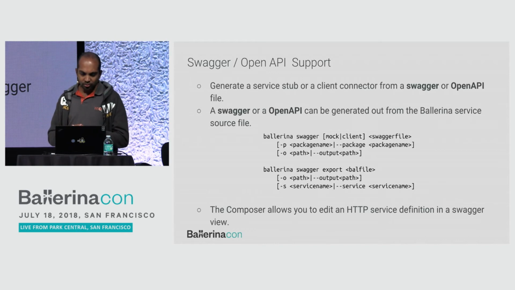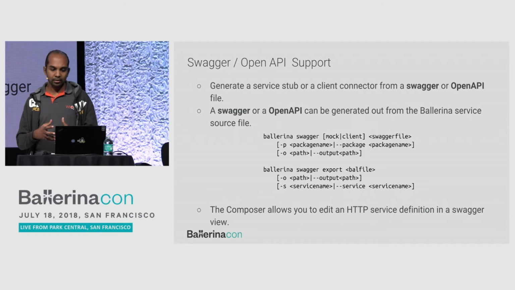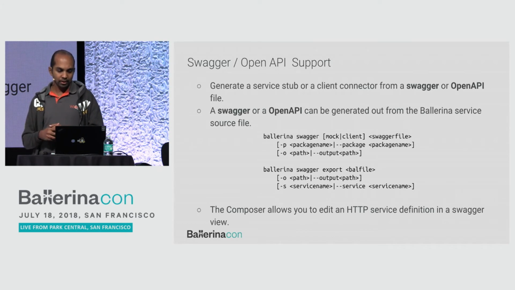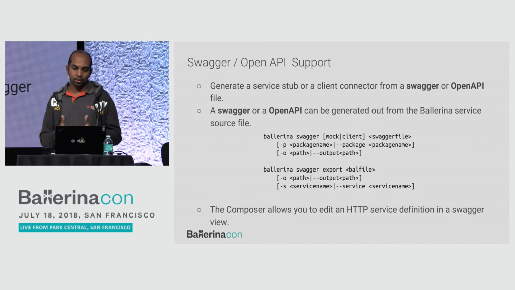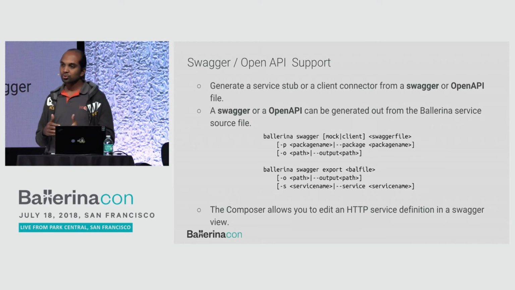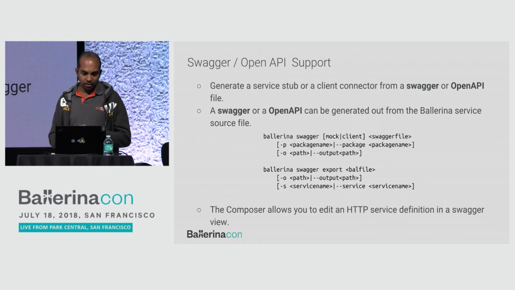Then you can use Swagger client if you want to generate a connector from a Swagger file or an OpenAPI document. The Swagger tool can also be used to export the Swagger definition from an already implemented service.